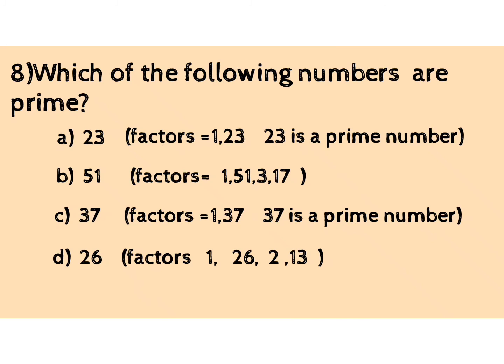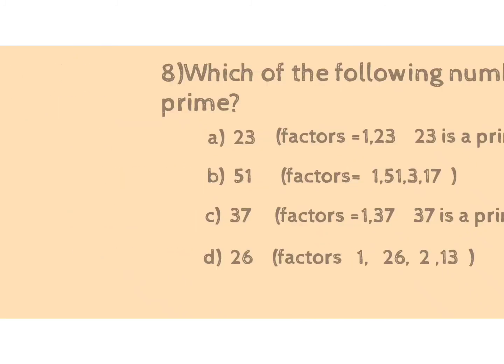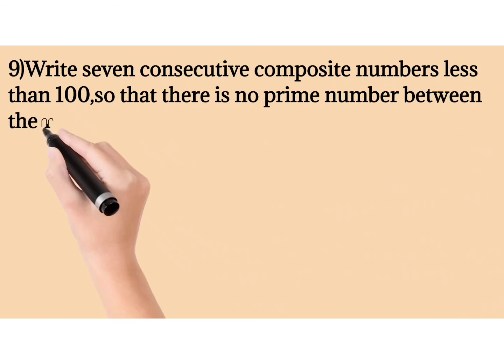So 26 is a composite number. Here in these options, 23 and 37 are prime numbers. Clear?